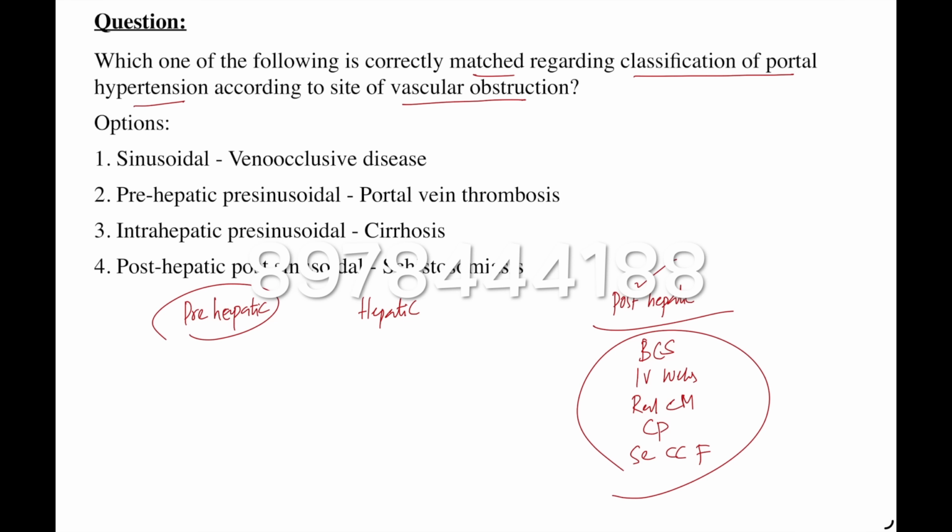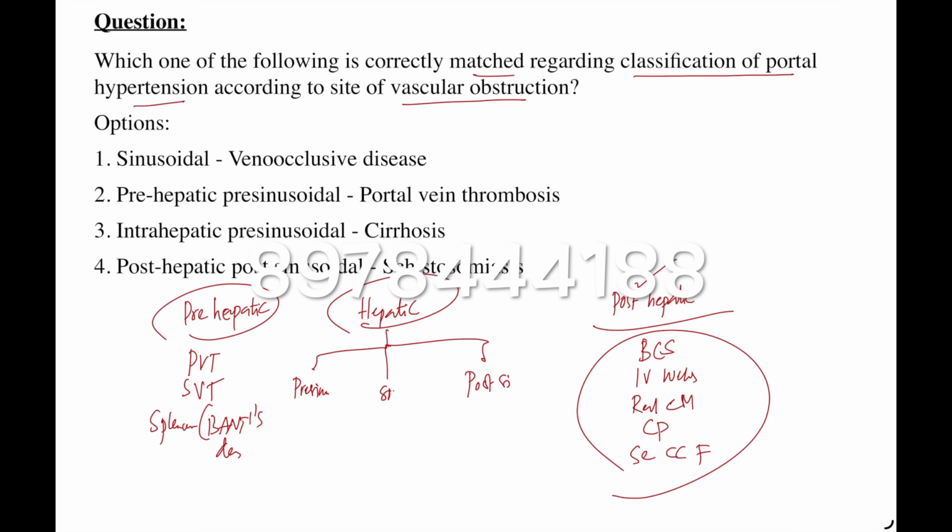Pre-hepatic means within the portal vein before entering the liver, that is portal vein thrombosis or splenic vein thrombosis, or in very massive splenomegaly cases, like we call Banti's disease, you will see pre-hepatic obstruction. But hepatic is important. Within the hepatic, you have sinusoids. Whether it is pre-sinusoidal, sinusoidal or post-sinusoidal is important.